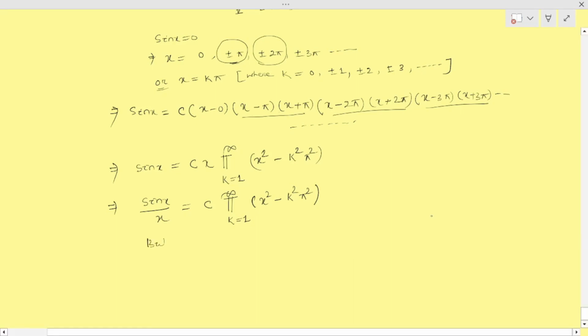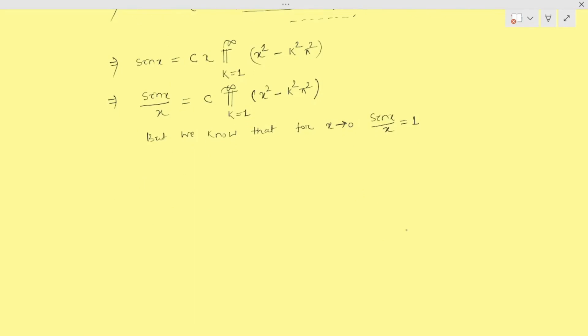But we know that for x tends to 0, sin x by x equals 1. Okay, now we are going to apply this condition on the above equation.